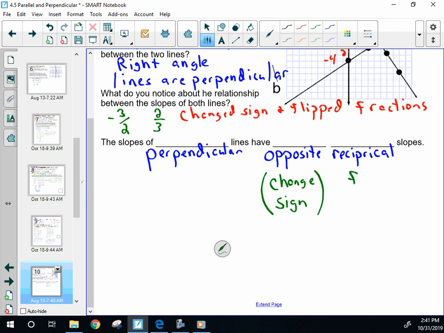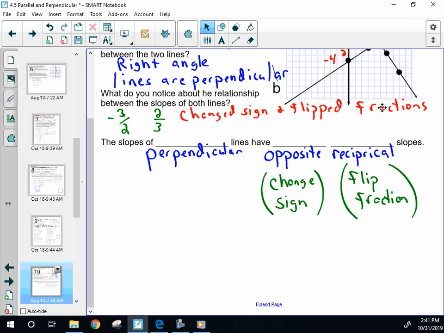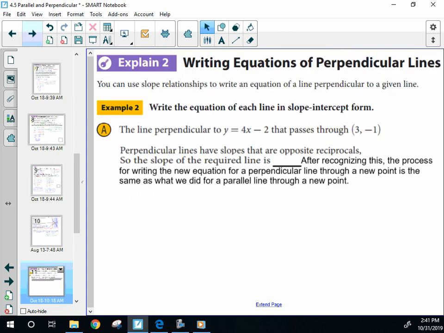Reciprocal means to flip the fraction. 3 over 2 became 2 over 3. So we'll go ahead and take a look at 2 of these here together.